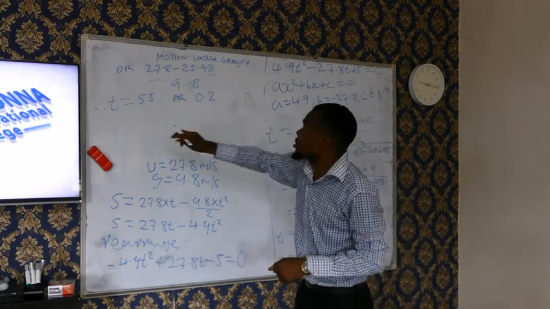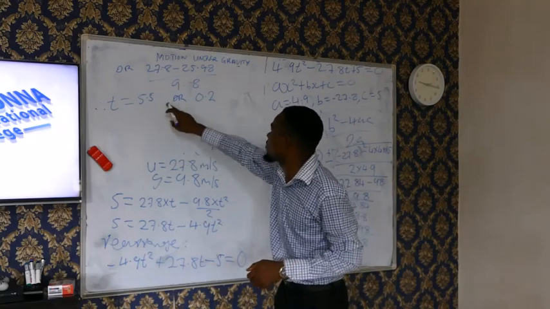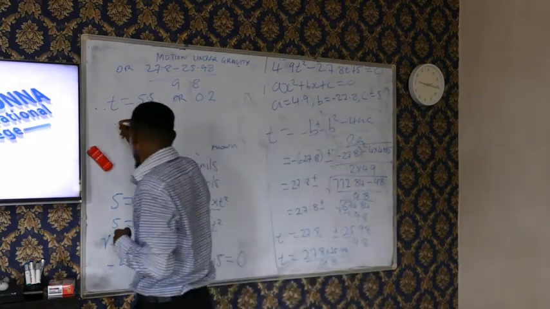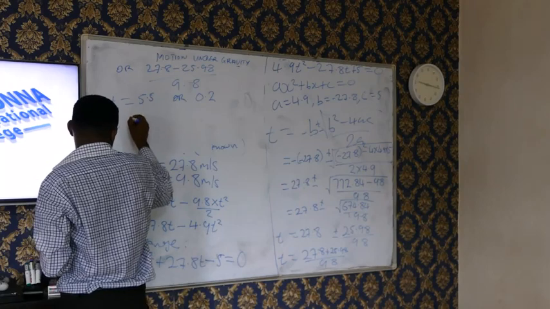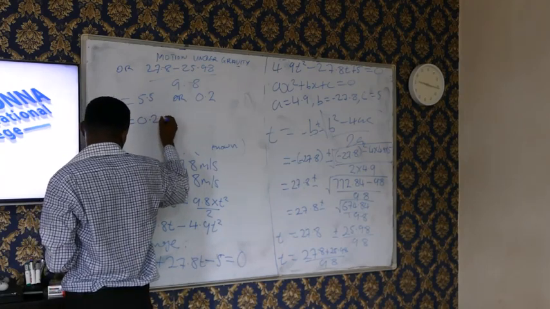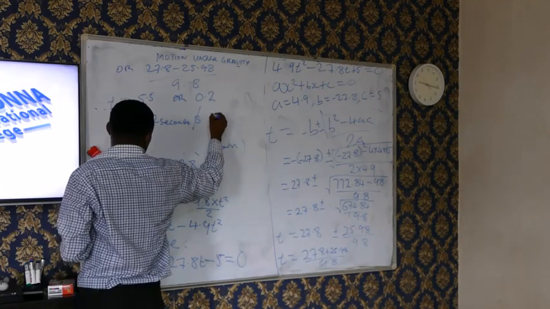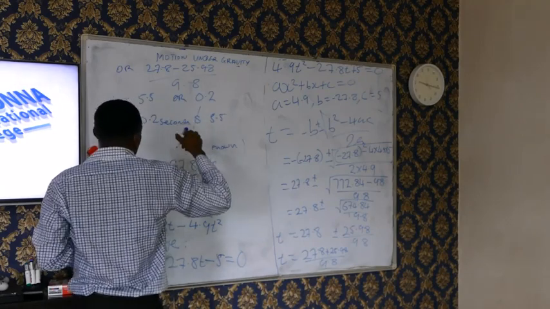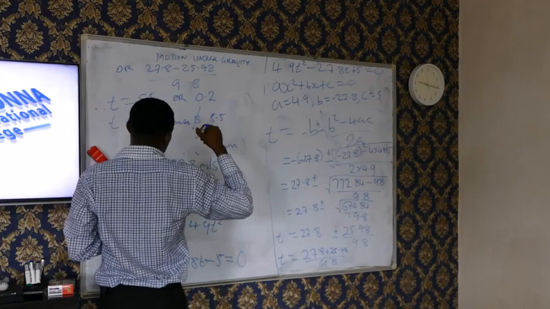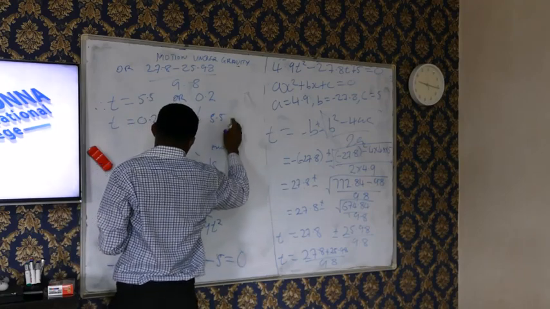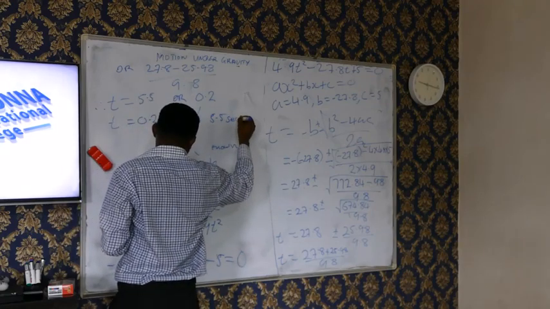So the times, we now have t1 and what? t2, which is now t equal to 0.2 seconds and 5.5. Our approximation here is 1 decimal place seconds.